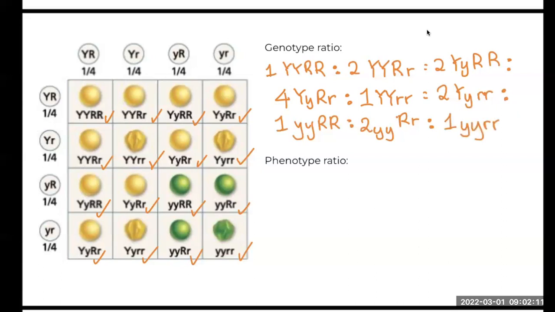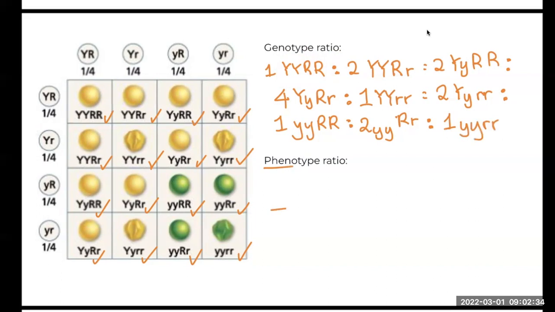Now, when you look at the phenotype ratio, we're looking at physical appearance. So physical appearance wise, it's slightly more complicated. You need to look at the overall phenotype of what this genotype is going to give you. So usually the first one will write the dominant complexion. So this will be yellow and round. Now let's look at all of these and see which ones are yellow and round.